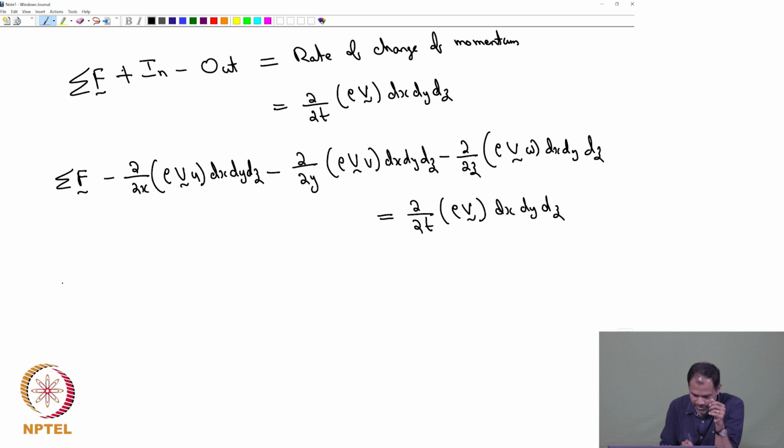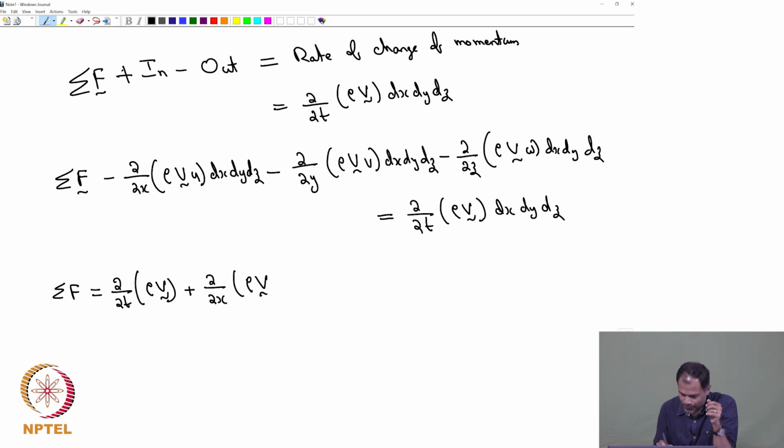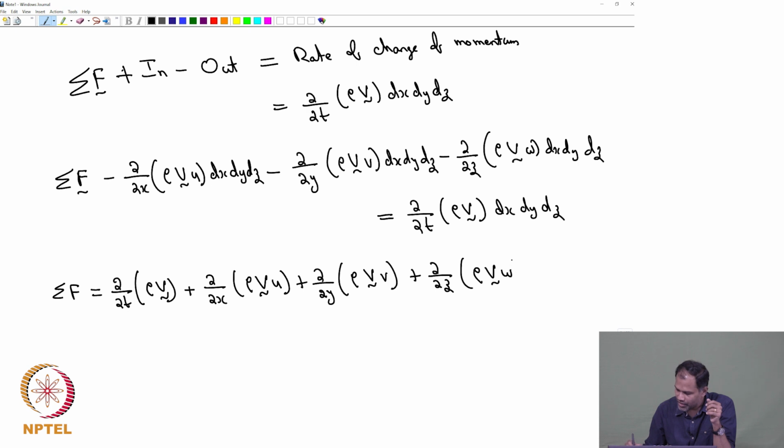So, I will write that as sum of f is equal to del by del t of rho v, and I will bring all these quantities into the right hand side plus del by del x of rho v u plus del by del y of rho v v plus del by del z of rho v w times dx dy dz.